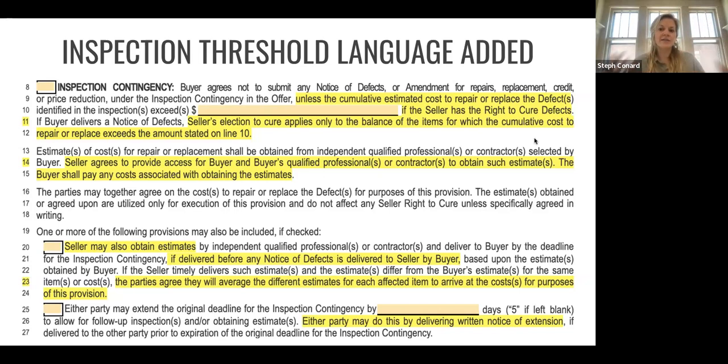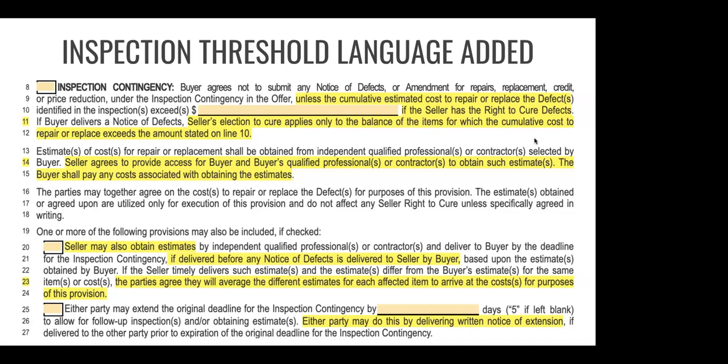So that's why we're adding in this language. Because it's attached to the right to cure, it might not ever come into play, but it just gives the roadmap to the seller if they do elect to cure, and it gives that extra protection for the buyer. Got it. So, okay.